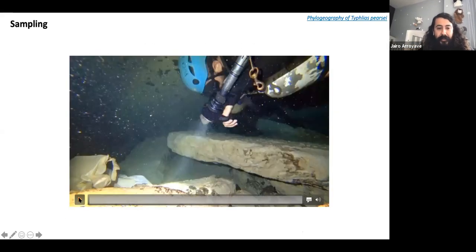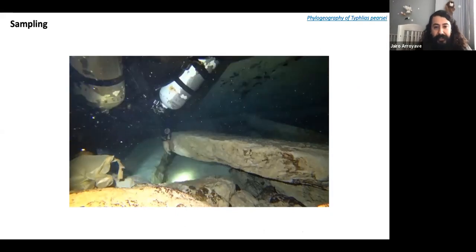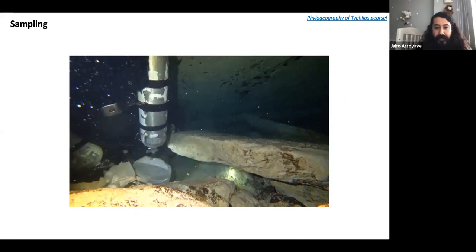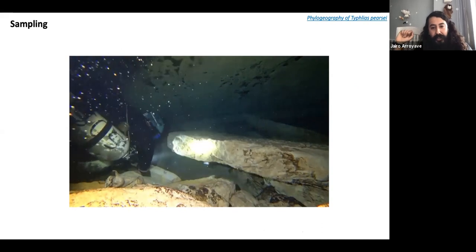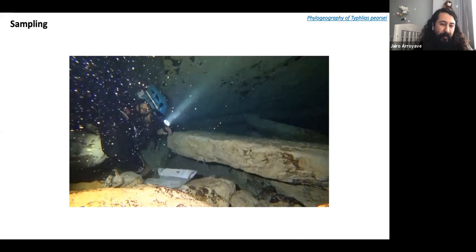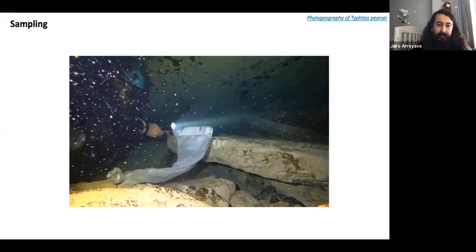This is the sampling that I was going to tell you is not trivial, and it requires highly specialized and technical cave diving skills. This is also to show you how the habitat of this fish looks. This cave diver is probably around 25 meters deep and 40 meters into the cave.